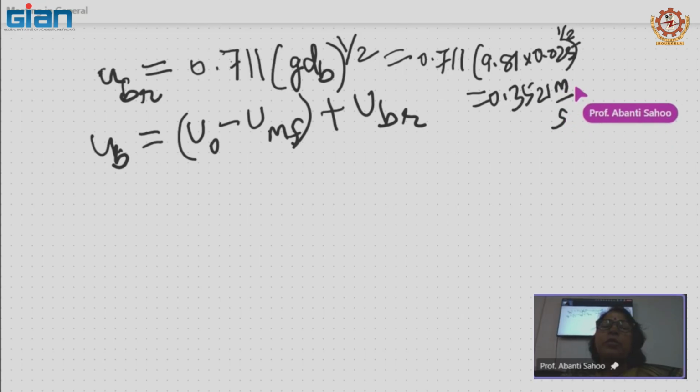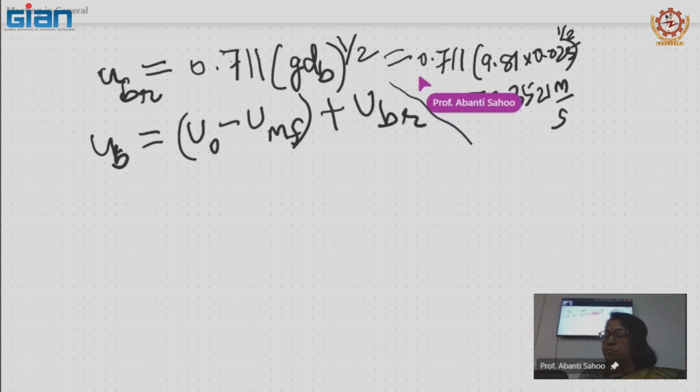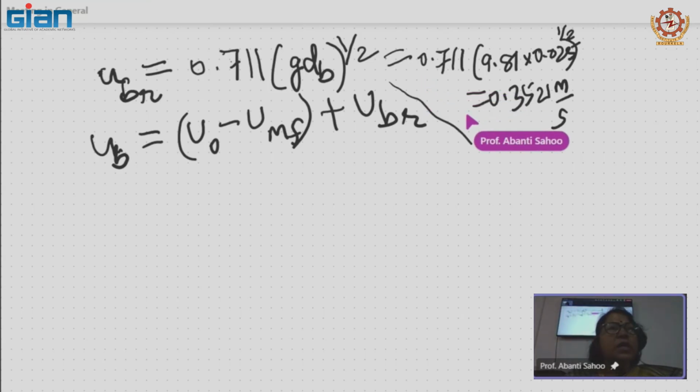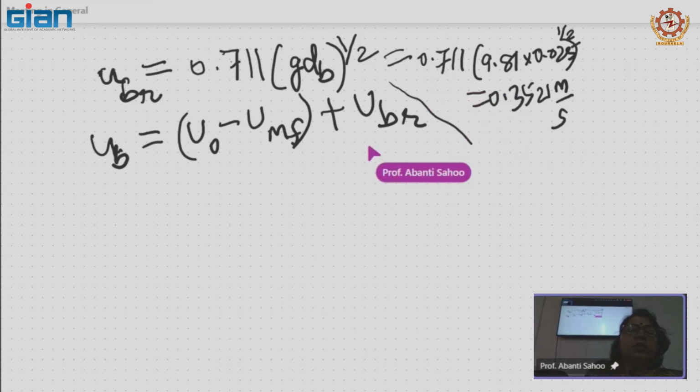So, for the bubble velocity, we can write it in one line. Now, U0 superficial velocity is given, minimum fluidization velocity is also given, and we calculated the bubble rise velocity, so we can calculate the bubble velocity.